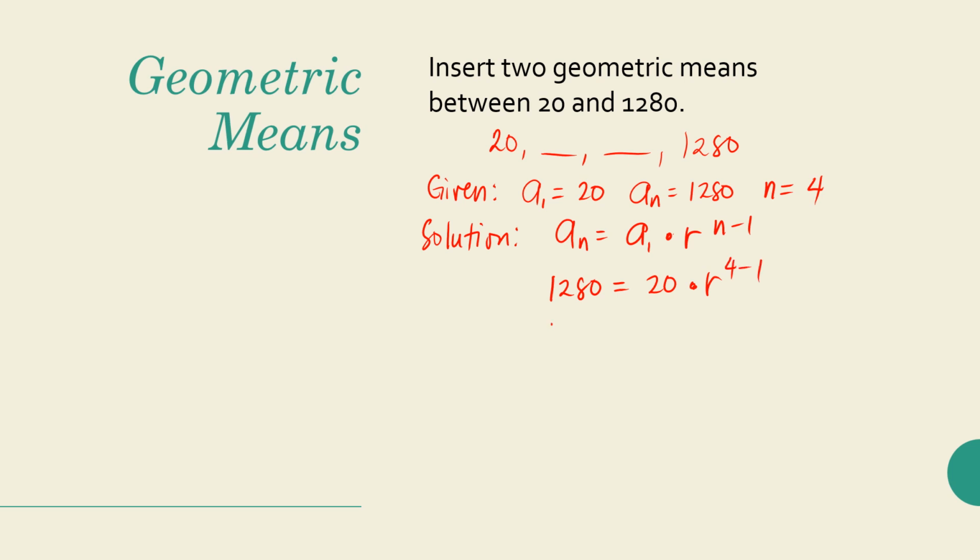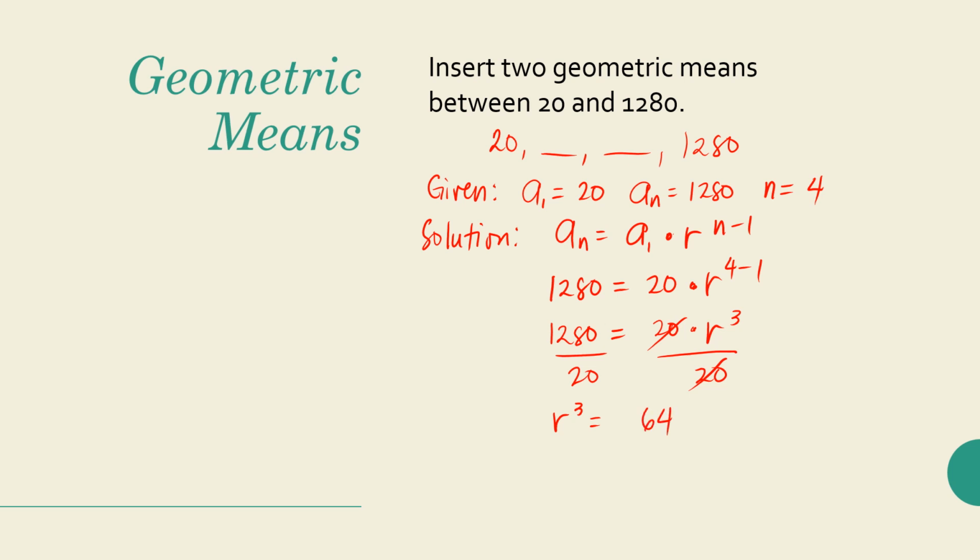Then simplify: 1280 is equal to 20 times r raised to 3. Then divide both sides by 20 to leave r cubed. So r cubed is equal to 1280 divided by 20, which is 64.